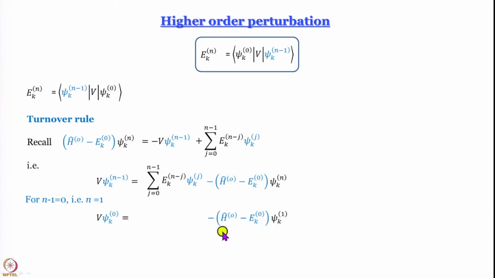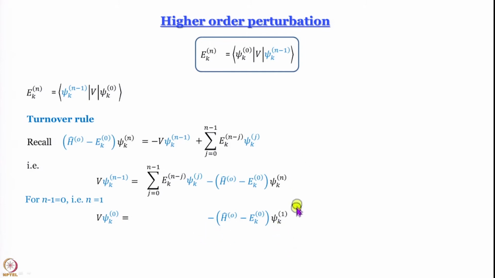Please remember, this 0th order Hamiltonian minus 0th order energy is not the annihilation operator for the first order correction term to psi k. It is the annihilation operator for psi k 0th. Please do not get confused here. These exponents have to match in order for this operator to be an annihilation operator for the wave function. Here they do not match. So anyway, we have found this expression.